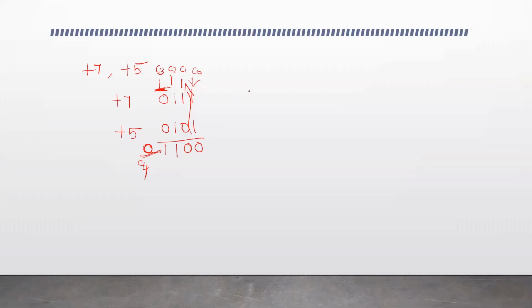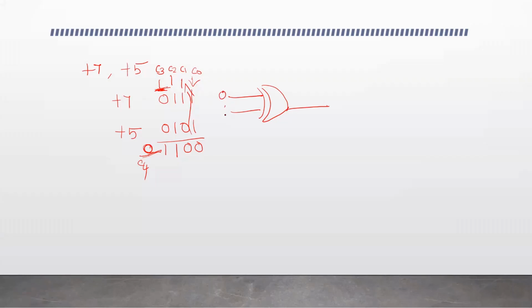So how is it detected by the computer? We send these two bits to an exclusive OR, because exclusive OR can detect if the numbers given are the same or different. If the input bits are the same, it produces 0. If the input bits are different, it produces 1, the odd function. So we give the carry C3 and C4 to an exclusive OR.